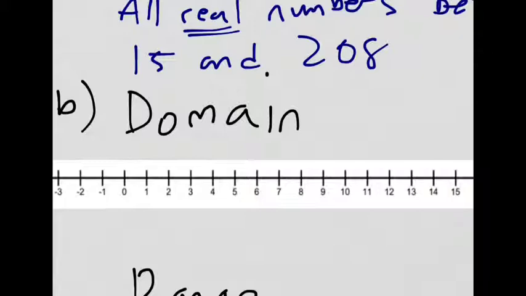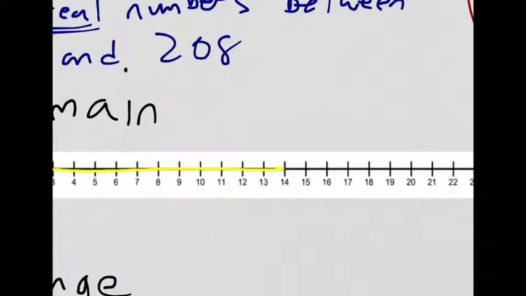So I'm going to put a closed dot on 0. A closed dot, I'll explain what that means in a moment. All the way up to 20. There's 20. I'm going to put another big fat dot there.